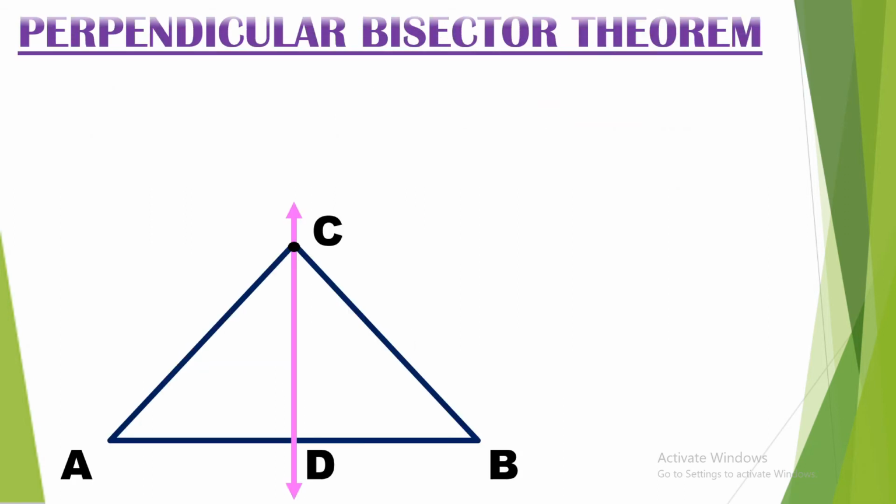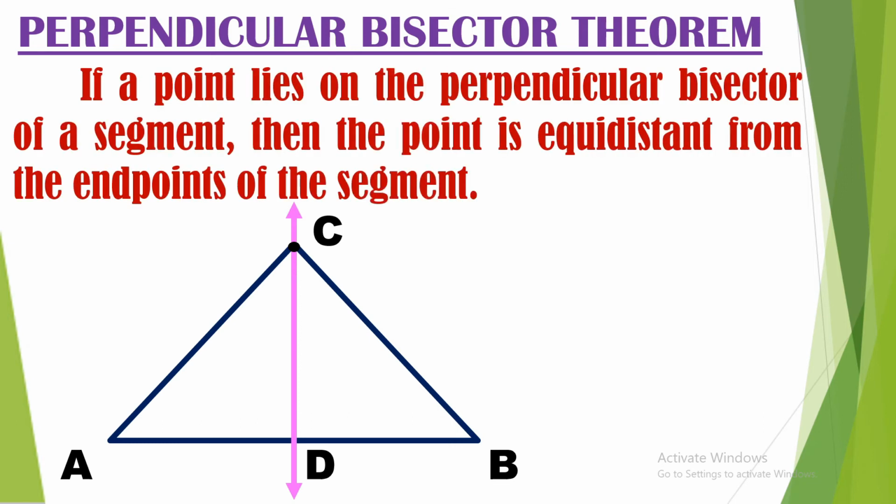Let's now have the perpendicular bisector theorem, which states that if a point lies on the perpendicular bisector of a segment, then the point is equidistant from the endpoints of the segment. In here, we have segment AB, and the perpendicular bisector is line CD.